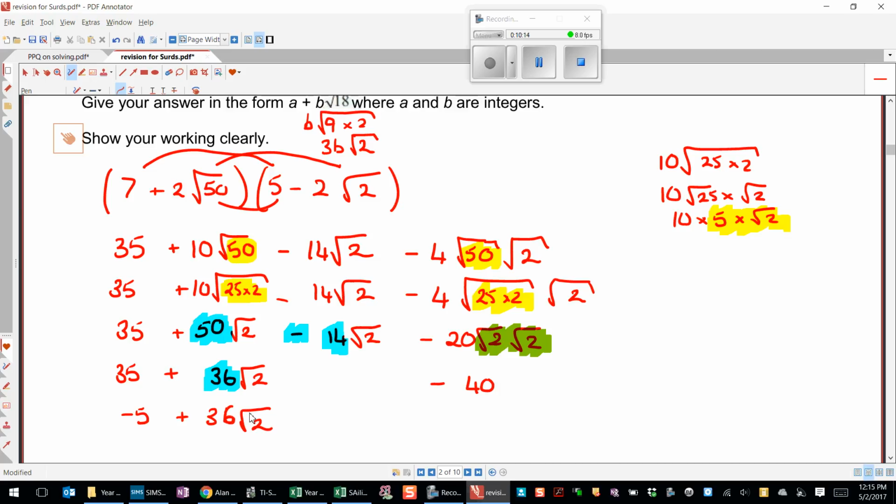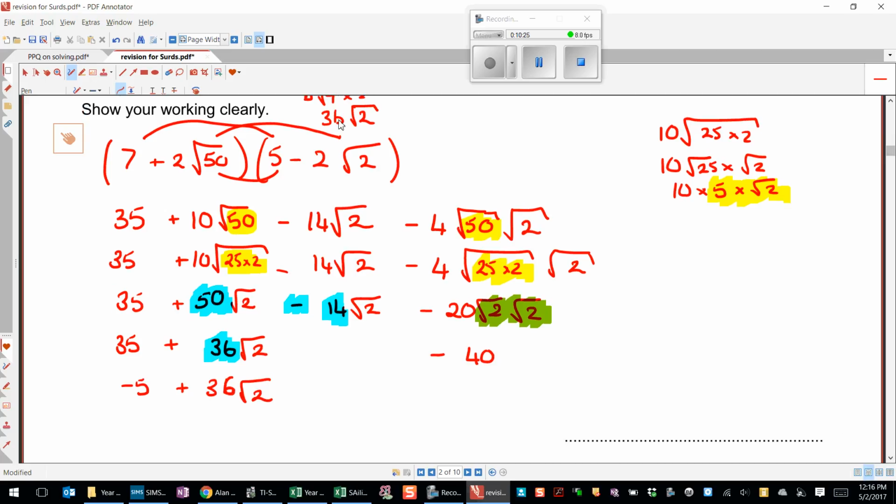So 12. So we could do minus, so we need to get the 9 back in, I guess. So it's minus 5 plus 12 times 3 root 2.